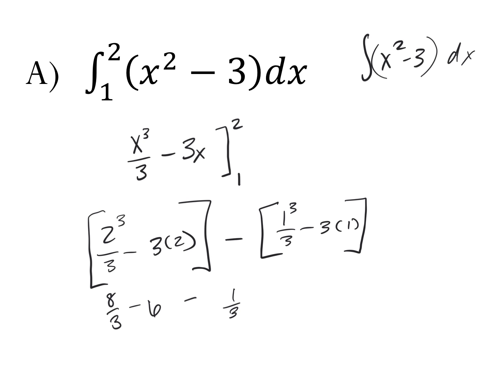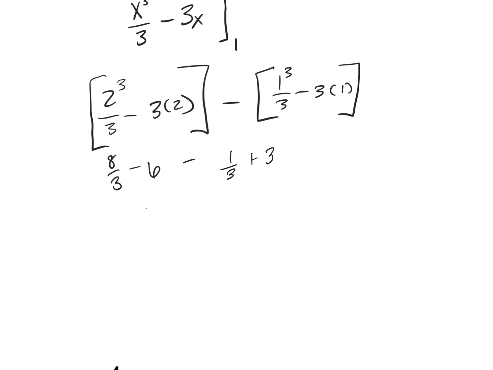I'm going to distribute that negative through, so this will become plus 3. Seven thirds minus, I think it's negative 2/3.